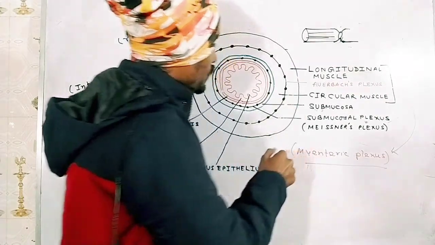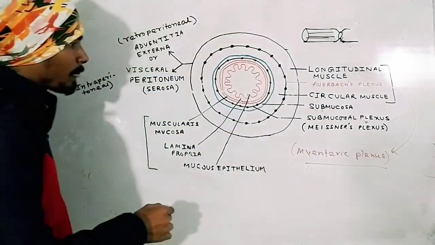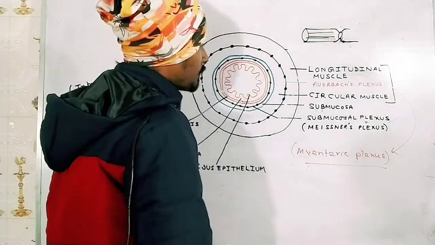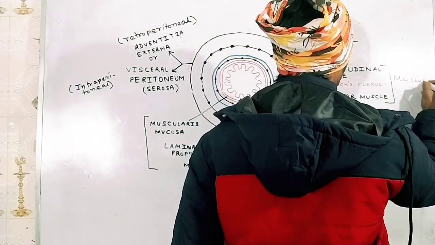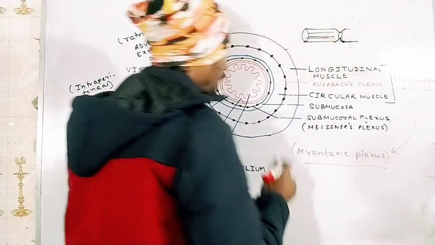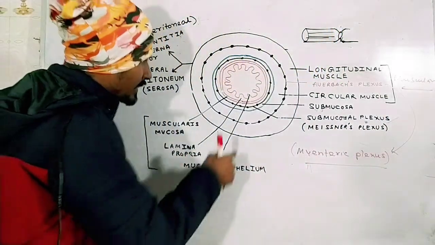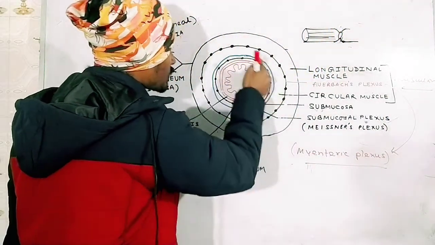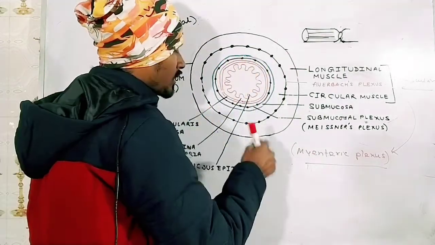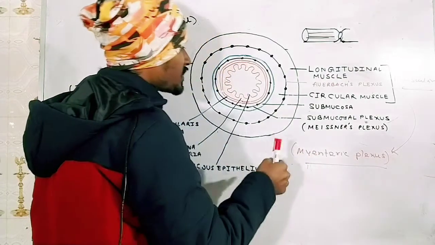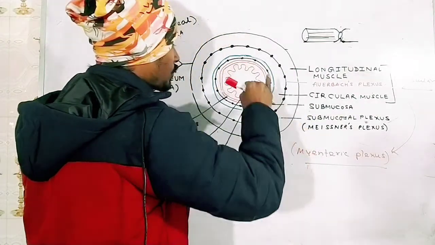Let us talk about the inner layers. Okay. After the muscularis layer, we have the submucosa. So you can see this is the submucosal layer. It is called submucosa because it is present just beneath the mucosal layer.